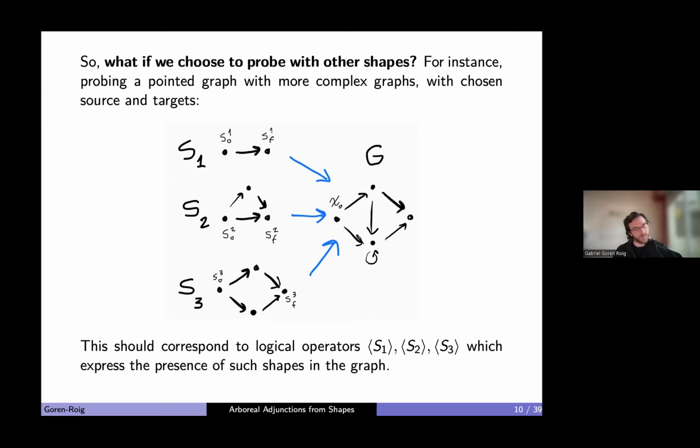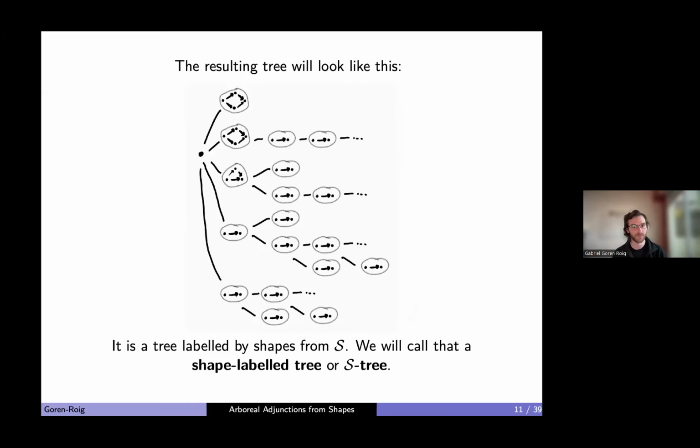So on the logical side, this is interesting because it would correspond to having other logical modalities or operators which are indexed by these shapes. And this would express the presence of these shapes in the graph that you're looking at. So the expressive power of these logics would be different.